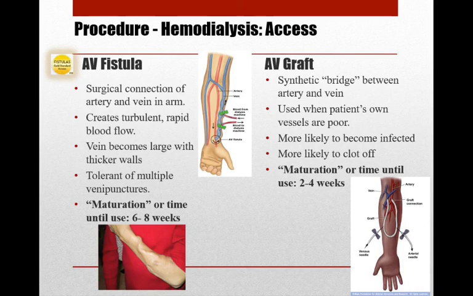These AV fistulas, even though they're the gold standard, do end up clotting off. They do end up not working, and they just basically leave it as is and anastomose another vein and vessel. So you sometimes see patients on hemodialysis that have multiple graft sites, multiple fistula sites. If a fistula has died off or doesn't work anymore, they just leave it, and it becomes an unusable fistula, but it stays there.